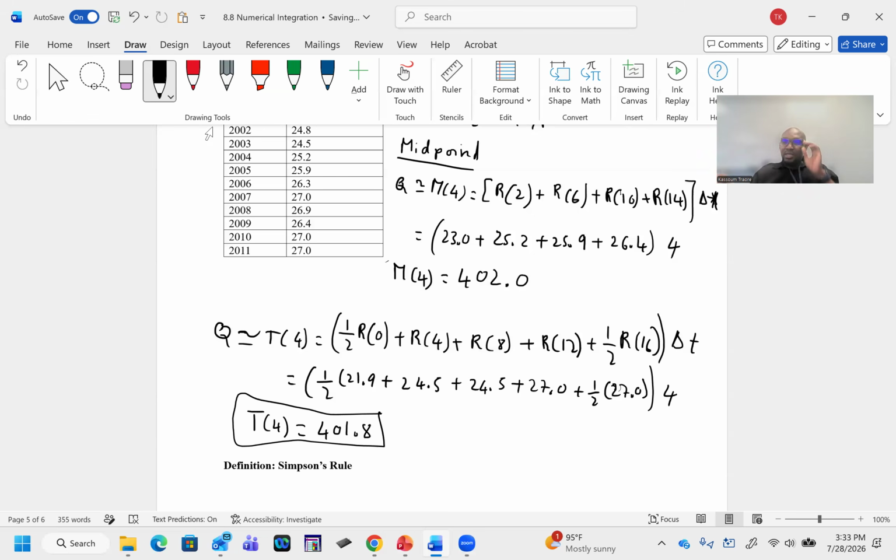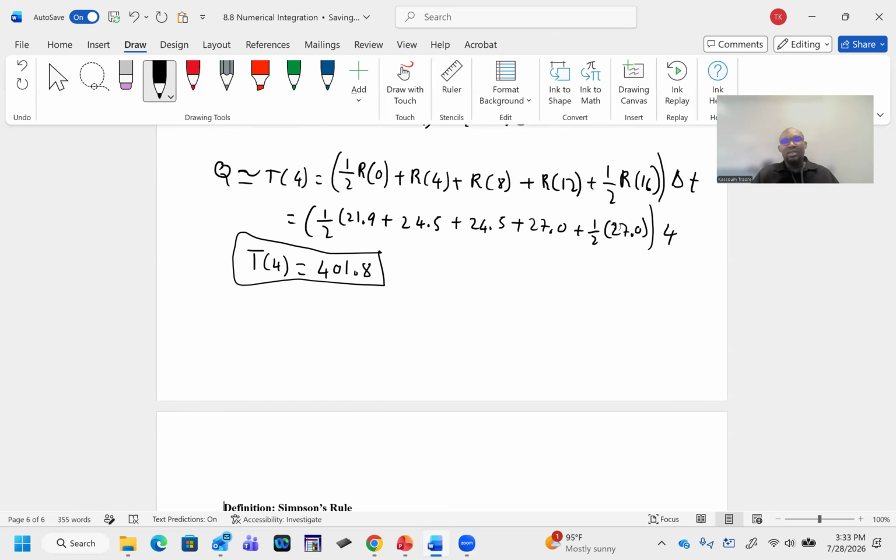So we can move again to check when n is 8. And I'm going to give you a formula. When you know trapezoid, when you know the midpoint, sometimes you can easily find the next one.